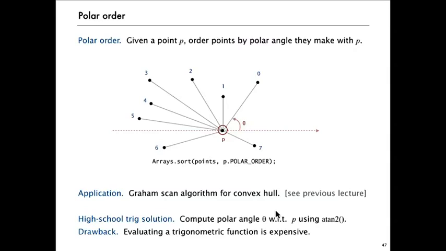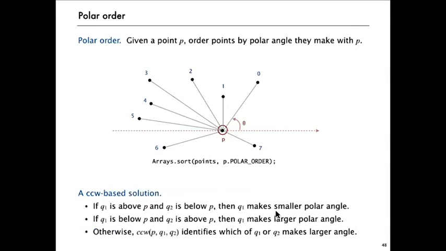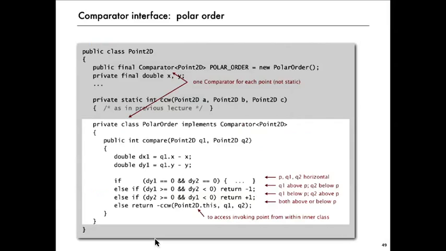There's an easy way to do this based on CCW that is described here in this text. Most of the time, all you need to do is the CCW of the two points, but you do have to check whether one of the points is above P and the other one is below.